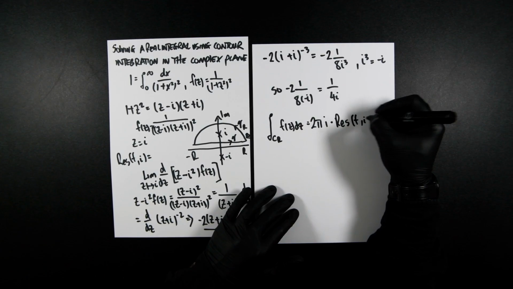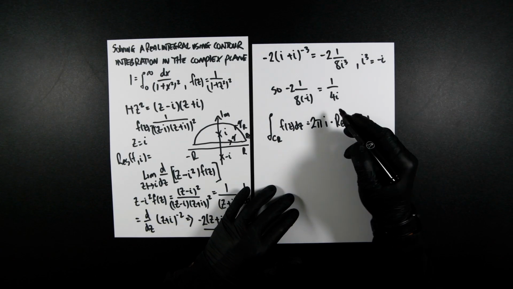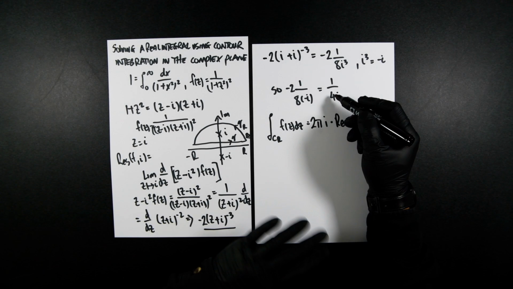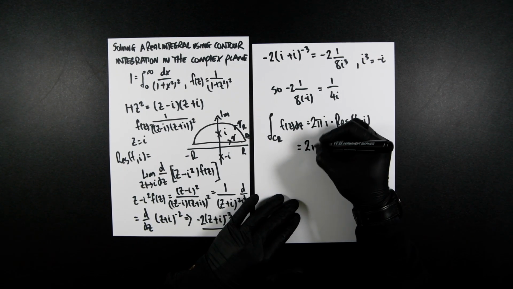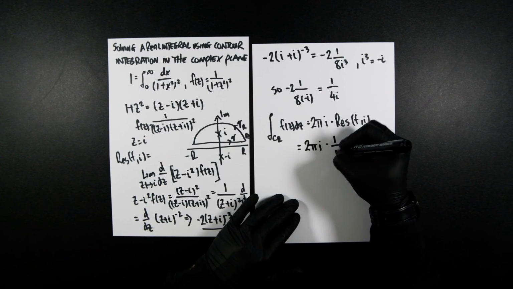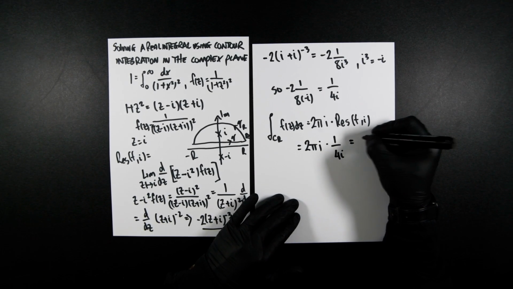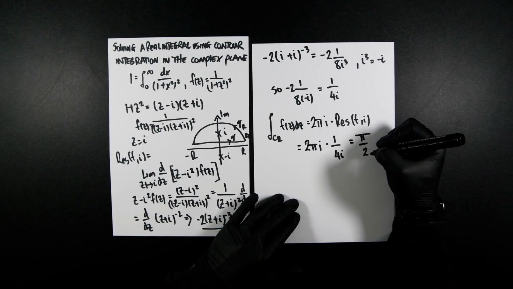So all you're going to do is multiply what you've calculated here by 2 pi i. So you're going to get 2 pi i times 1 over 4i, which equals pi over 2.